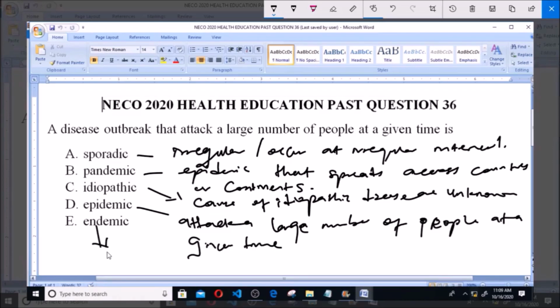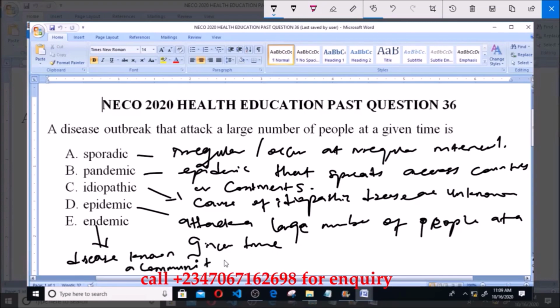But here says endemic. Endemic now is a disease that is known or peculiar to a community or country, like maybe Africa. So when a disease is particular to a particular community, we call it an endemic.